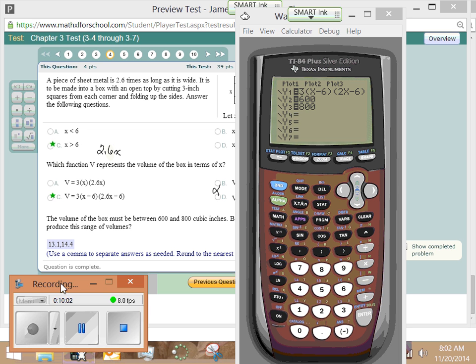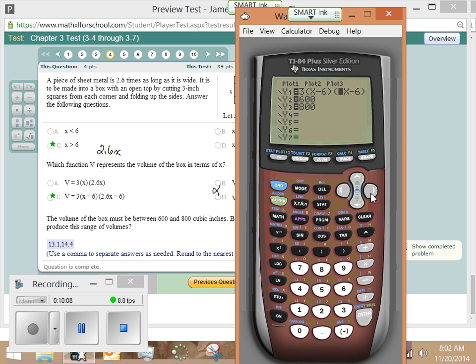Retracting on the last question, that's where my rounding was messed up, is I typed in the wrong equation. This should be a 2.6. Graphing.